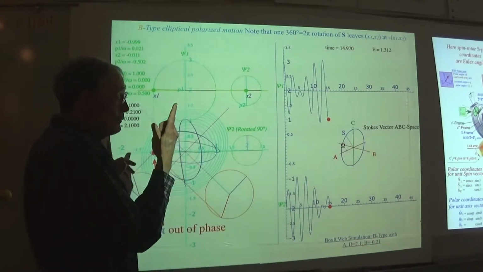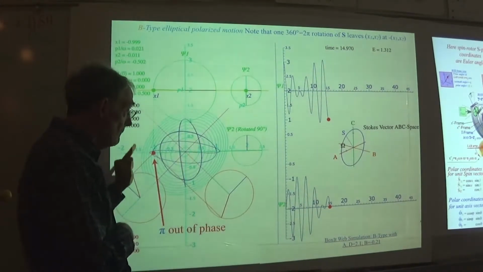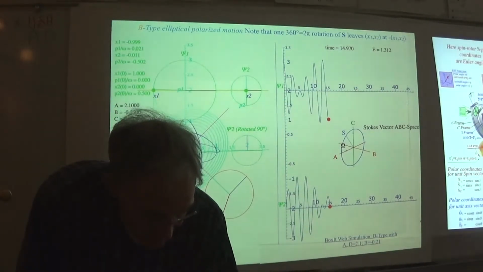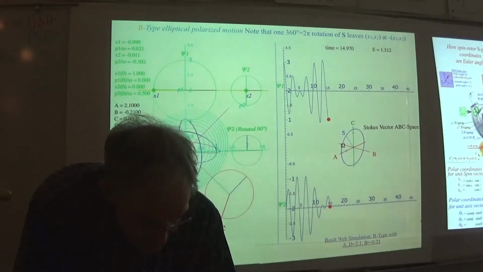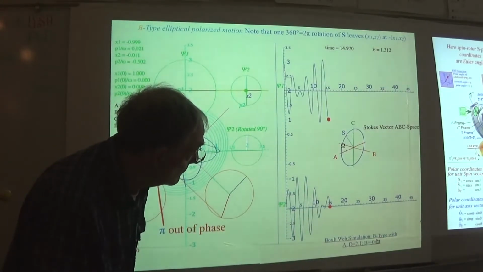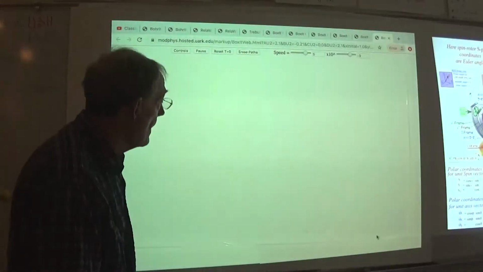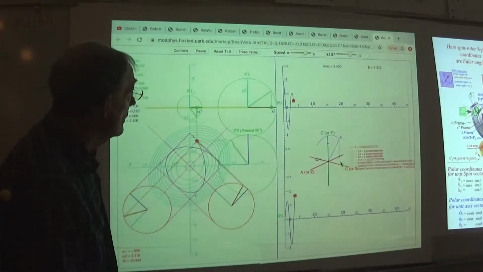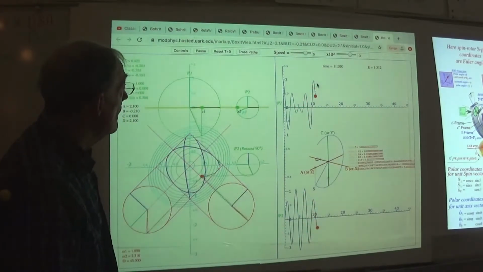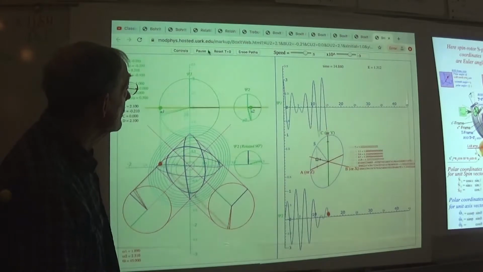But if you only go through 1 beat, you end up here, pi out of phase. So let's just see if we can reproduce that real quickly here. I will go ahead here and click on the actual simulation. And so there we go. And I'm going to wait till that Stokes vector comes to, and I'm going to stop right there.